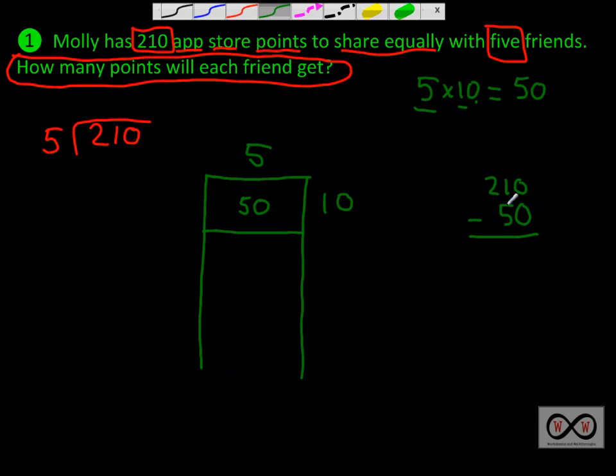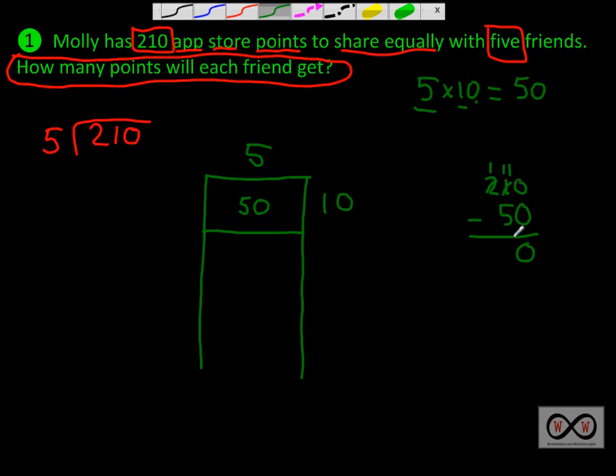So now we've got 210 minus 50. 0 take away 0 is 0. 1 take away 5, well, you're probably thinking you can't do that. You need to borrow. Well, absolutely, you're right. So we'll borrow 1 from the hundreds place, and in this case, we'll tack it on in front of our 10 that we have there, so we're making 11.